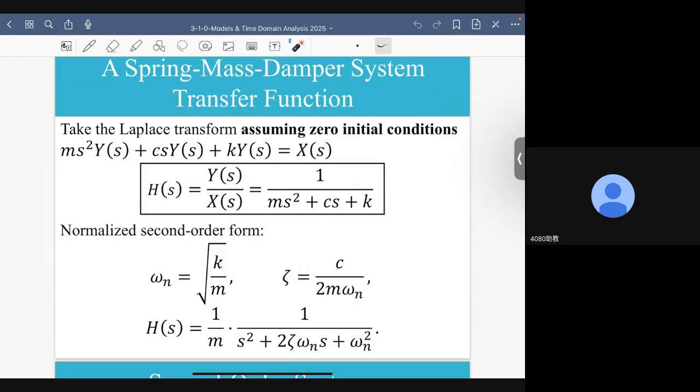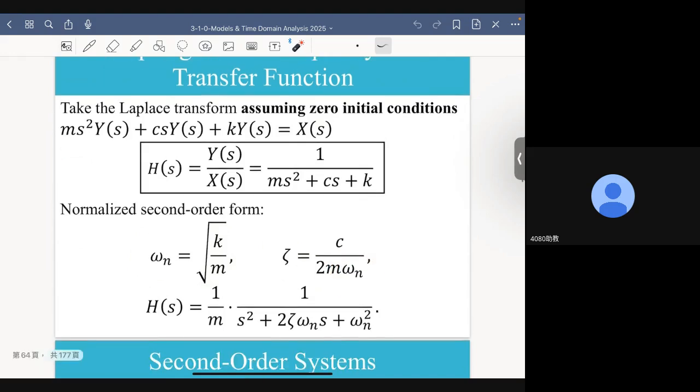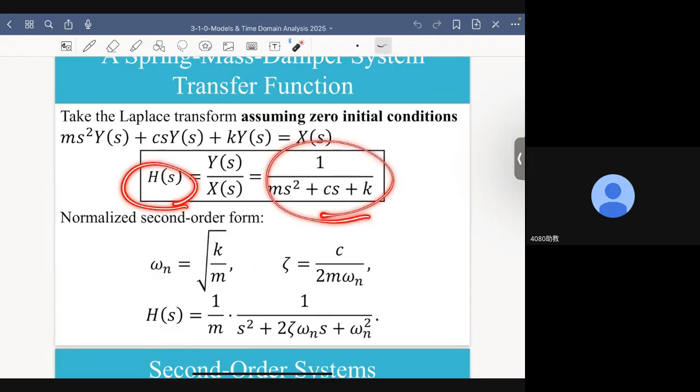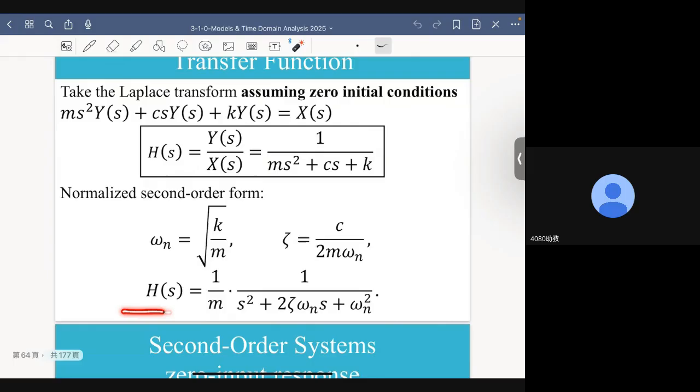The difference is that you can see eta, the damping ratio, as a normalized damping coefficient. Normalized to what? Normalized to the mass and to omega n, the natural frequency. Now, if we introduce these two parameters, as we saw before, the so-called transfer function can be rewritten as this.